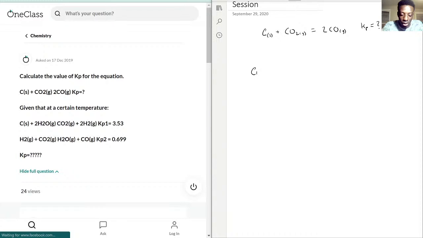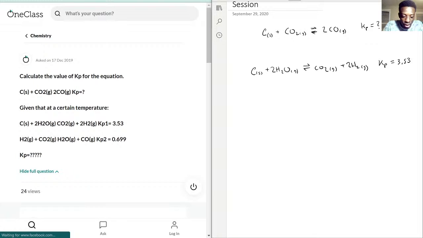They give us carbon plus 2H2O turns into, well, just use that formula because there is a K value, CO2 gas plus 2H2 gas, and the Kp for this one is 3.53.